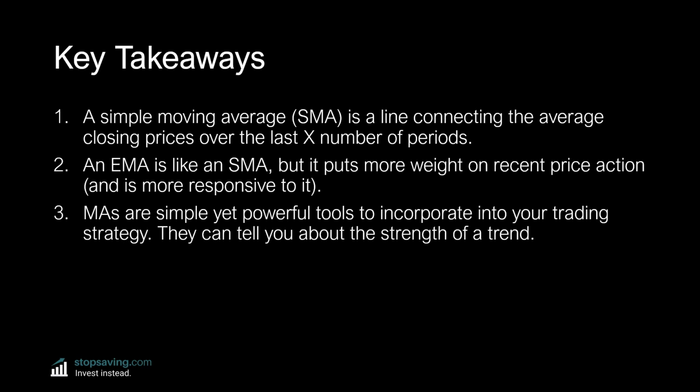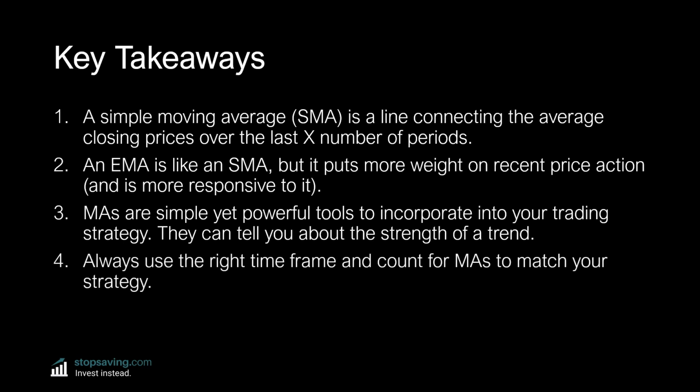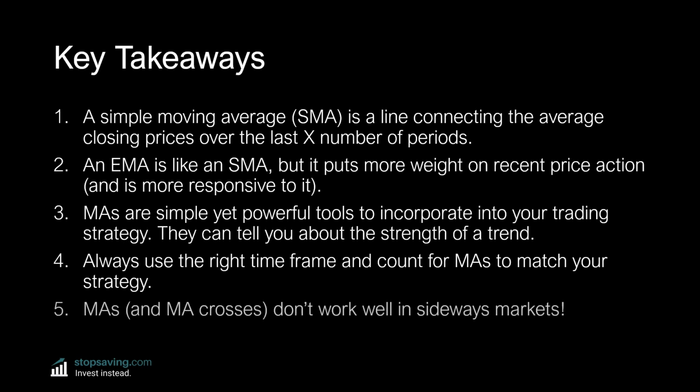And 4, always use the right time frame and count for moving averages to match your strategy. And finally, number 5, moving averages and moving average crosses don't work well in sideways markets.